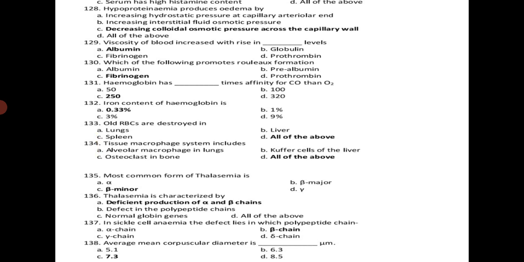The next question 138, average mean corpuscle diameter is 7.3 micrometer. MCHC, mean corpuscle.